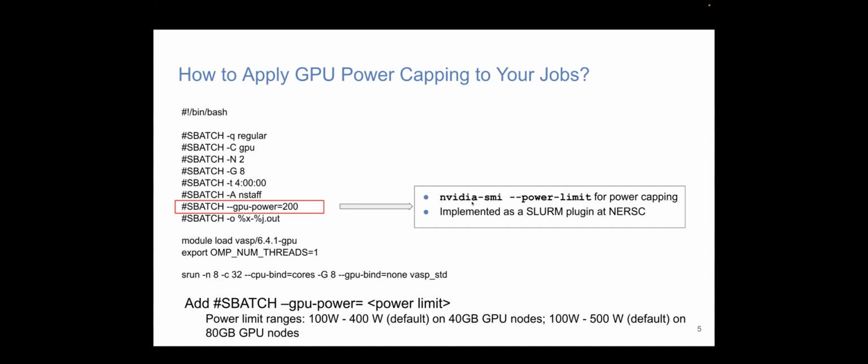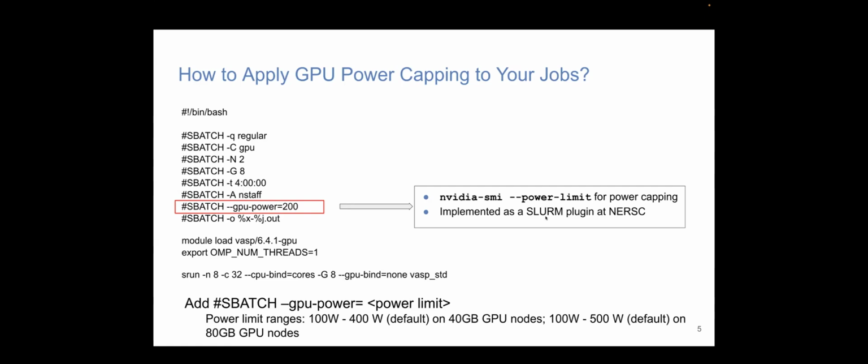This is the NVIDIA SMI command to set the power limits on the GPUs. But this one usually requires root privilege.